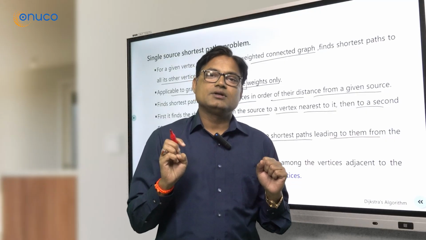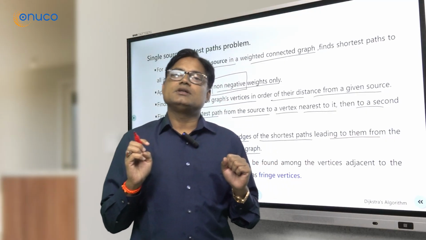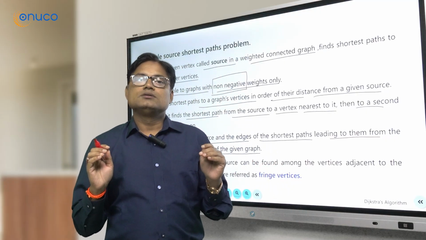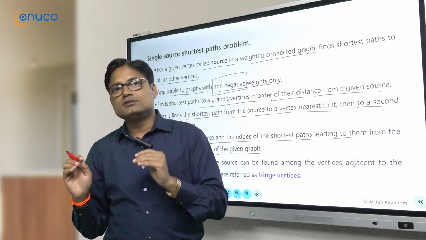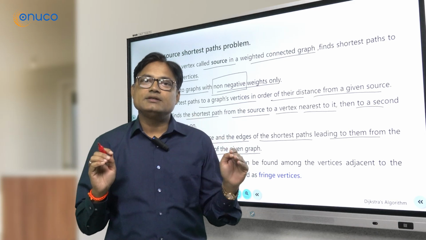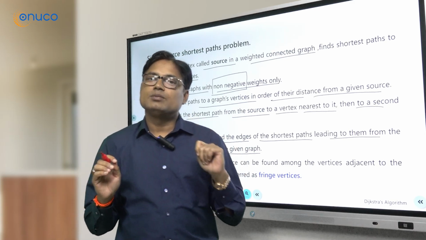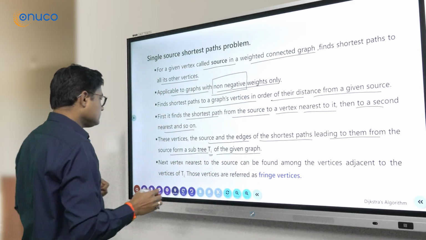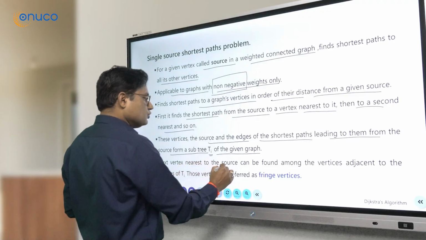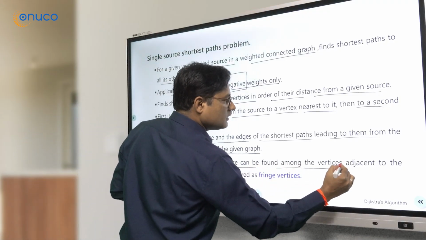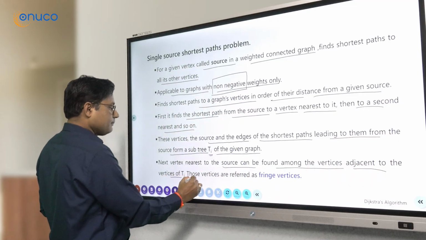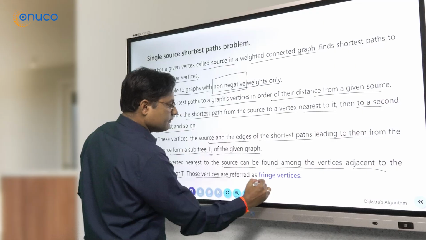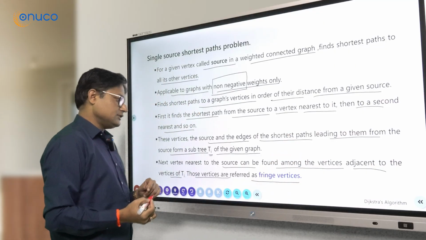Remember that we have discussed earlier that a tree is an acyclic connected graph where the number of edges is one less than the number of vertices. The next vertex nearest to the source can be found among the vertices adjacent to the vertices of Ti. Those vertices are referred to as fringe vertices.